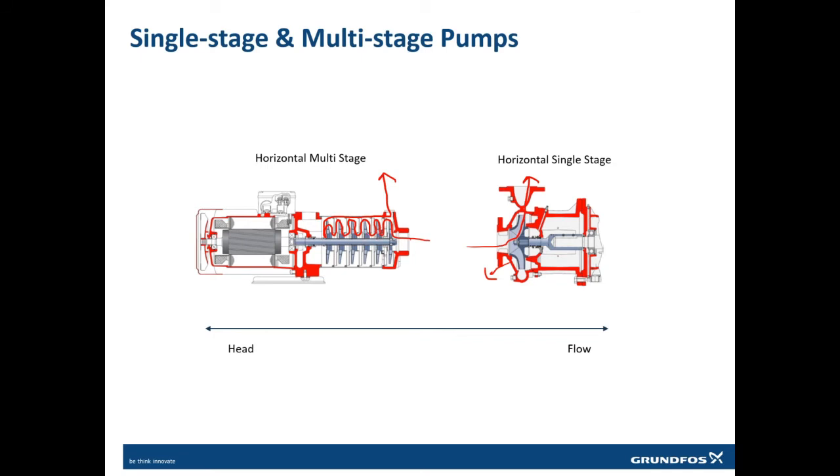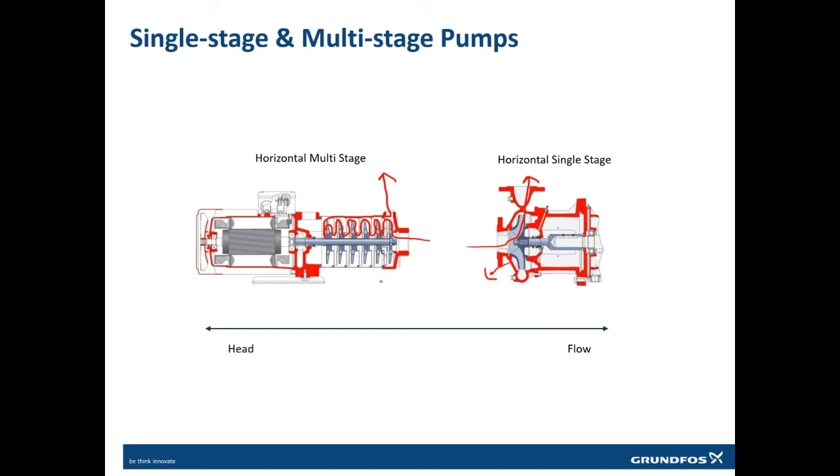So as the impellers increase, the pressure generated by the pump also increases. At the end you will have a very high pressure, and that is the reason nowadays we can find pumps which can go up to 100 bars very easily.